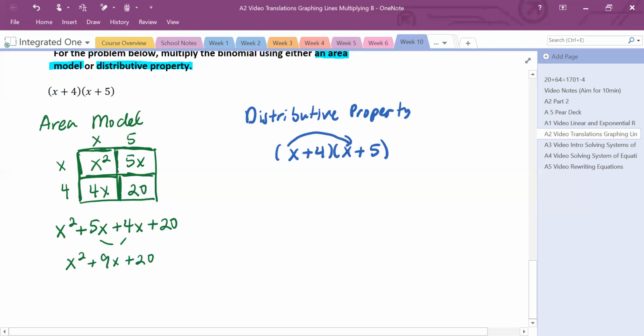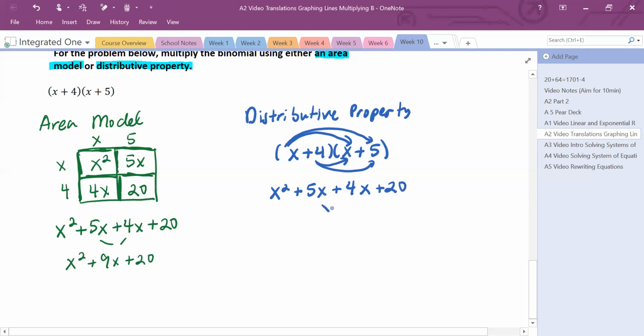So I'm multiplying that x times the x. And I get x squared. Then I multiply that same x, distributing it over into this next part, times 5, and I get 5x. Do the same with the 4: 4x, and lastly, 4 times 5, which is 20.